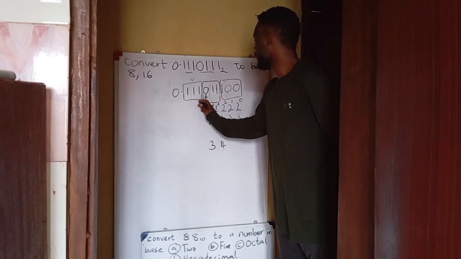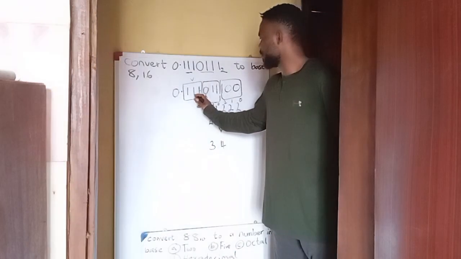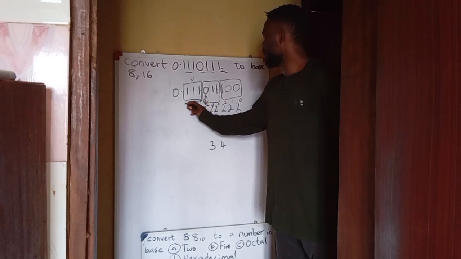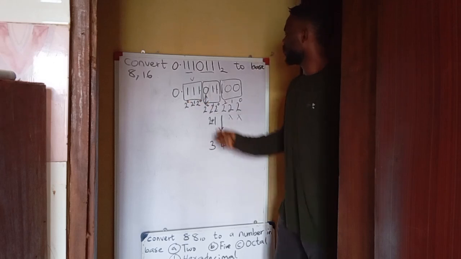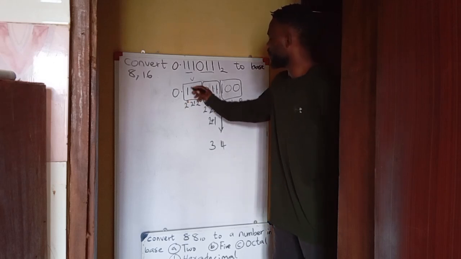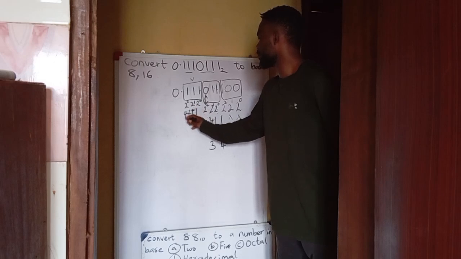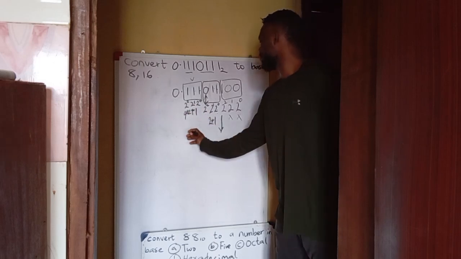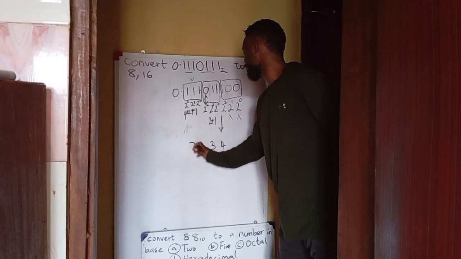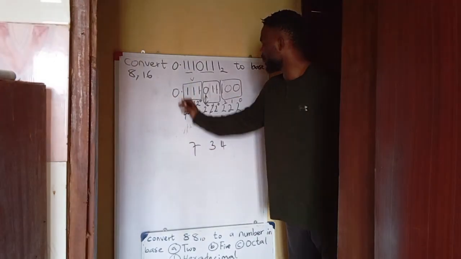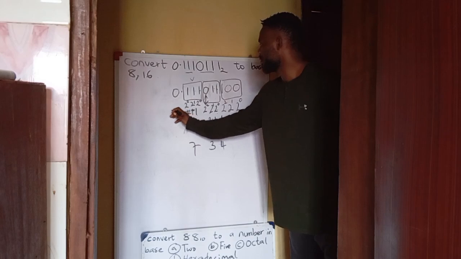Then let's come here. I see 1, I see 1, I see 1. This is 2 raised to power 0, 2 raised to power 1, 2 raised to power 2. So anything times 1 is itself. So I have 1 plus 2 plus 4. If you add it up, it gives you 7. And notice that there is a point here, point 0.